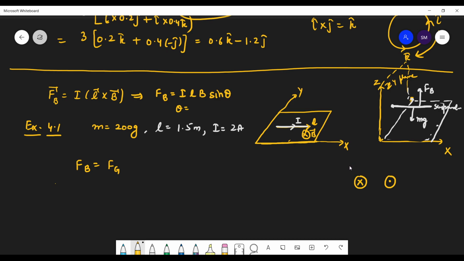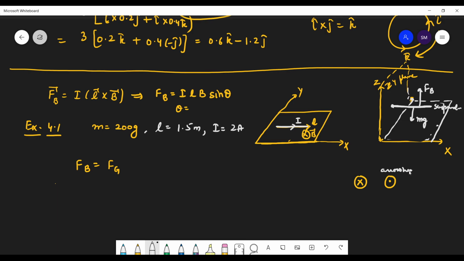So if you have an arrow like this, so here you have this cross sign. So if the arrow is coming towards you, you will see this arrowhead, right?